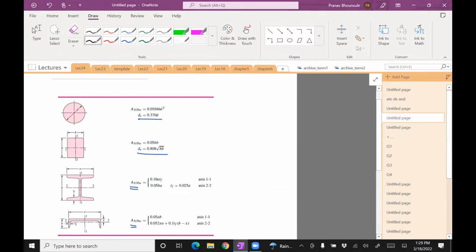Okay, so it says that you need to adjust the effective diameter if it is non-rotating. So the effective diameter is 0.37 of the diameter when it is rotating. So 0.37 times 32 in this case.